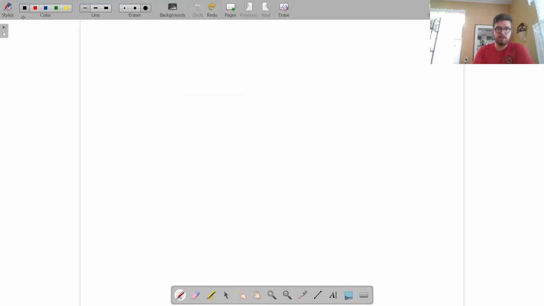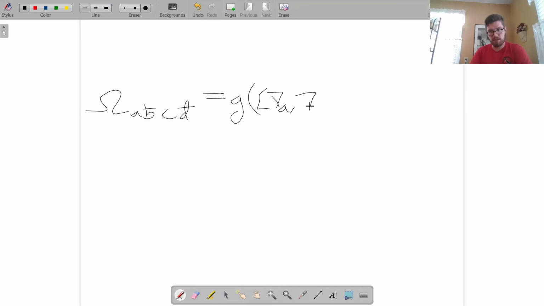I guess just to clarify sign conventions, it's worth mentioning that omega A, B, C, D for me is g of the commutator of the connection in question, and then the upper index gets lowered to the end.